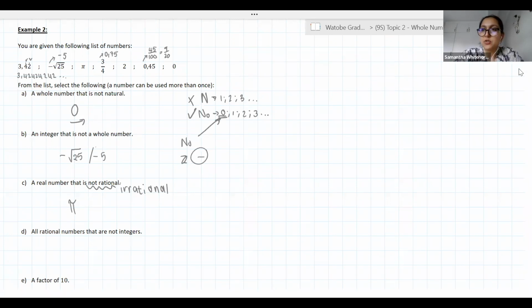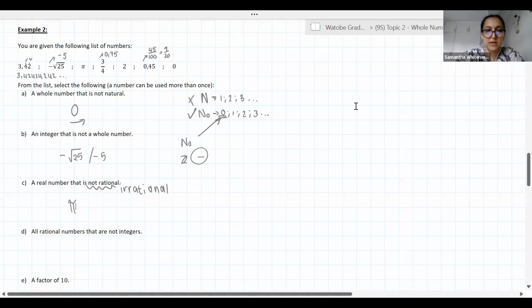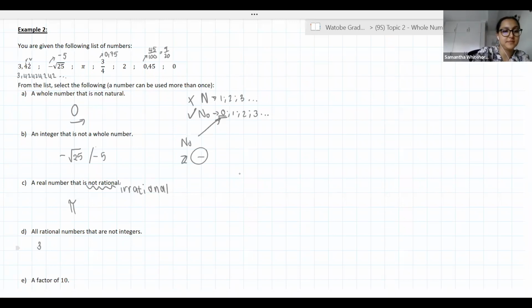Okay, Mateo, do you want to give us D? All rational numbers that are not integers. It's 3,42, 3/4, and 0,45. Yeah, that's all I got. Perfect.